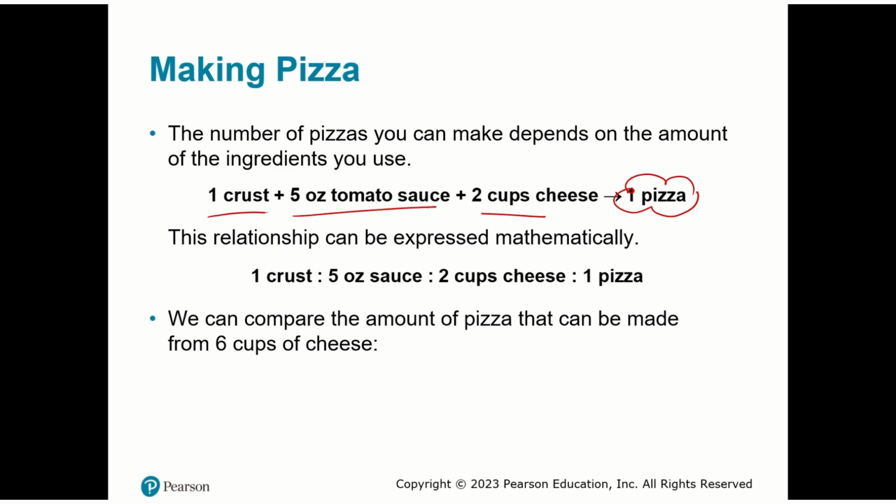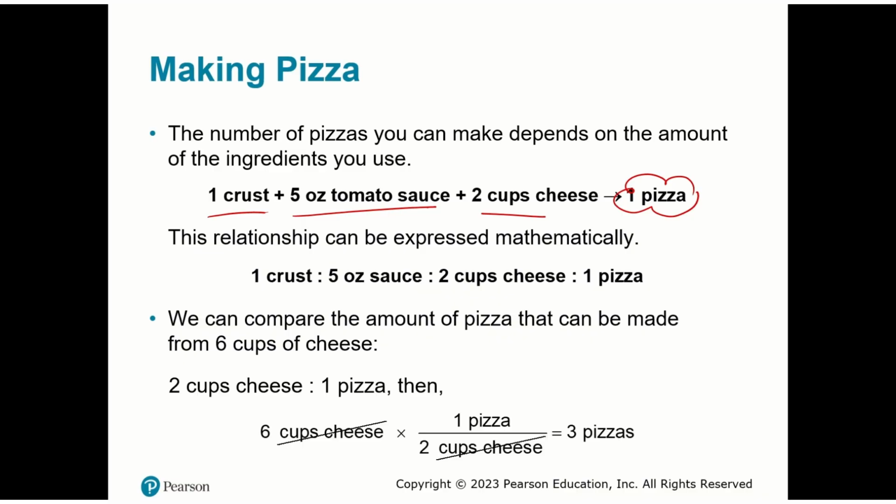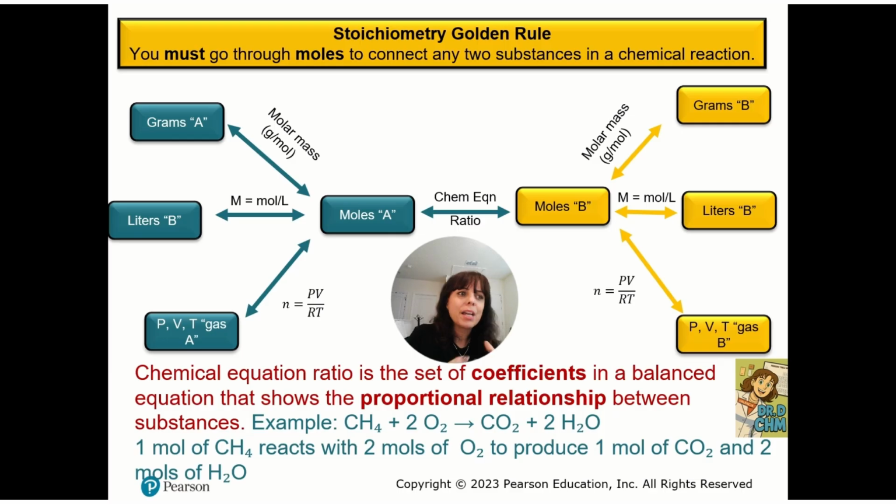So we can compare the amount of pizza that can be made from 6 cups of cheese. I know that with 2 cups of cheese I produce 1 pizza. If I have 6, 6 divided by 2, that's 3 pizzas. Good?